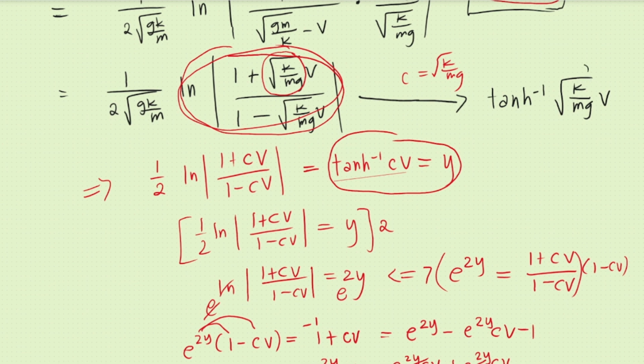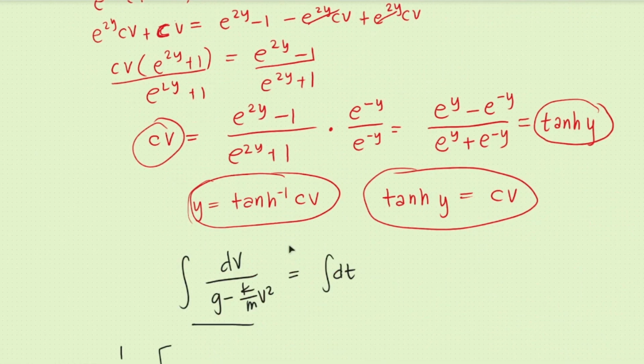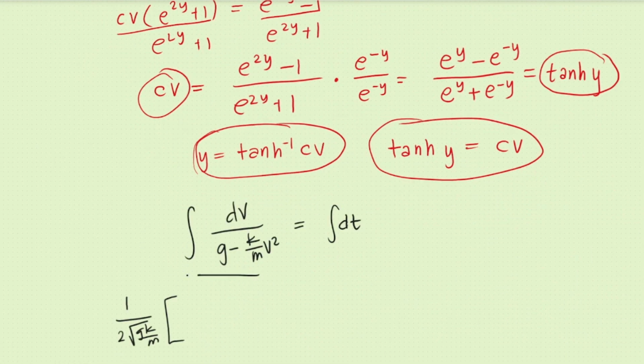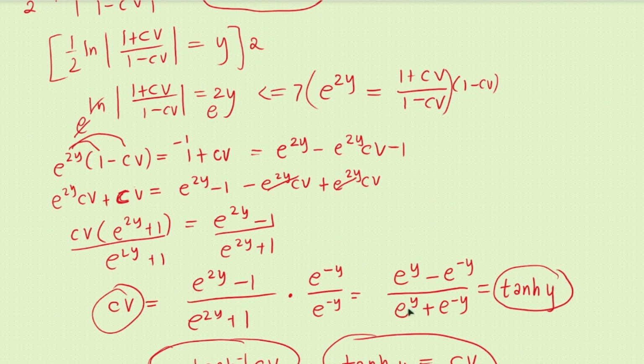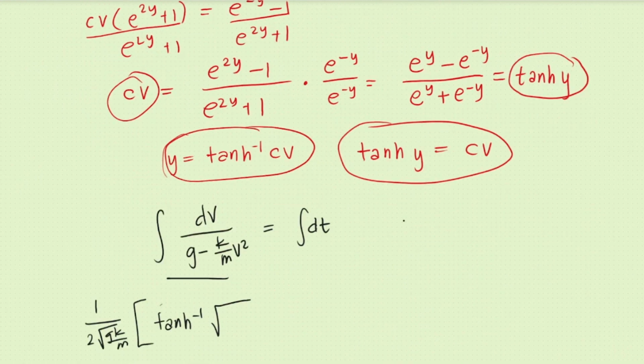But we can write it as the inverse hyperbolic tangent of square root of k over mg v. So we'll write that down instead. So the inverse hyperbolic tangent of, what was that again? Square root of k over mg times v.